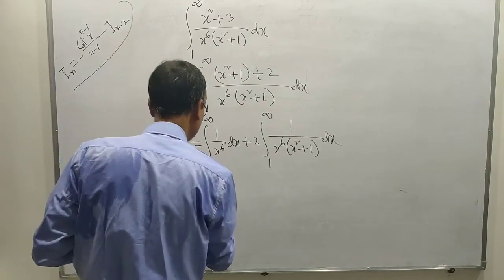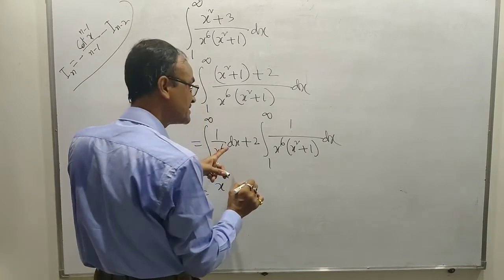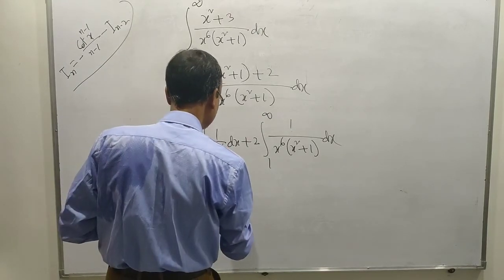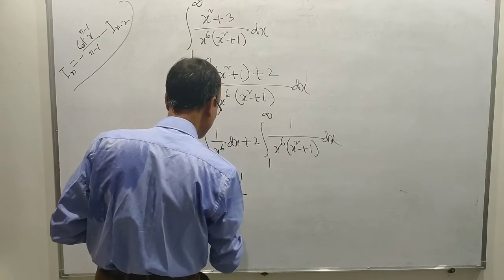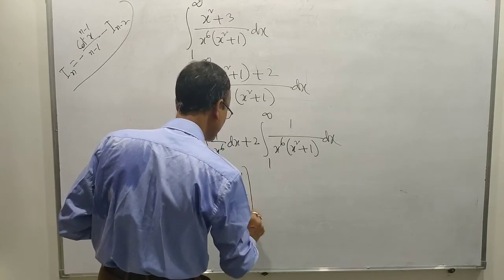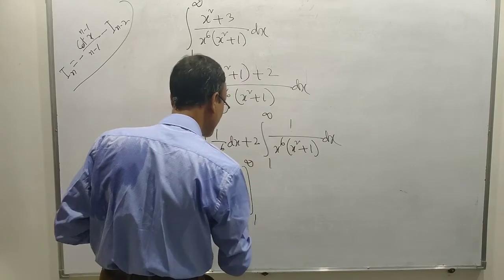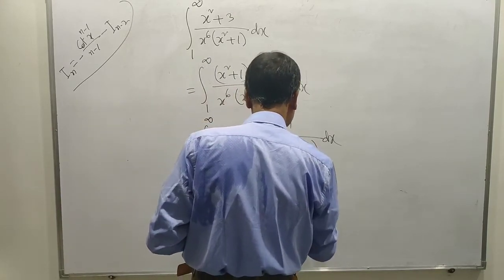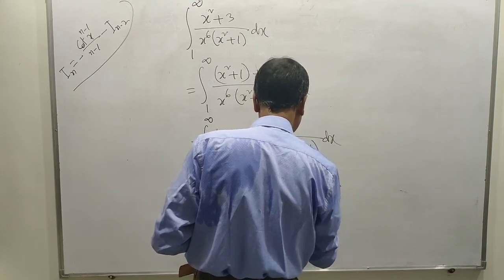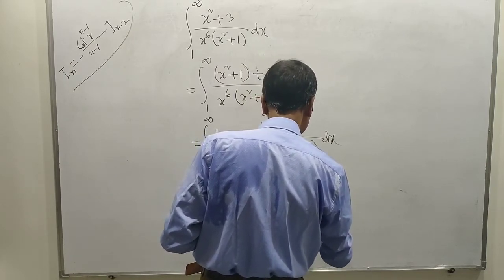This is equal to x to the power minus 6 plus 1 divided by minus 6 plus 1, from 1 to infinity, plus 2 times the integral 1 to infinity dx divided by x to the power 6 into x square plus 1.